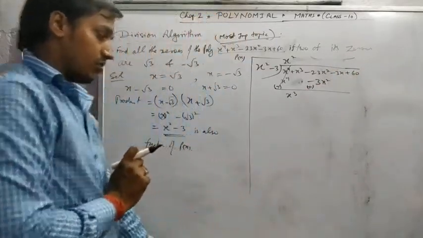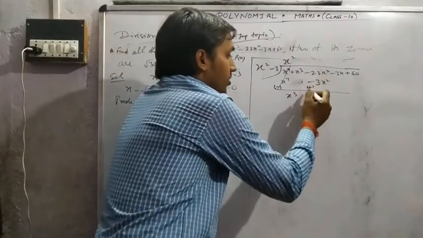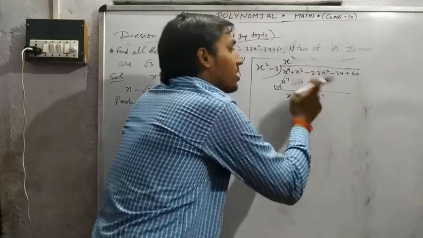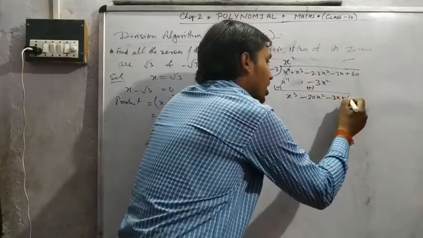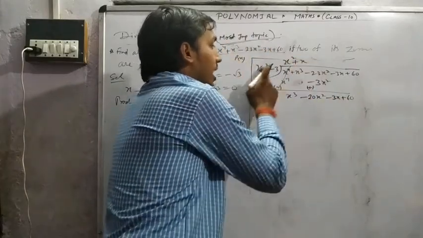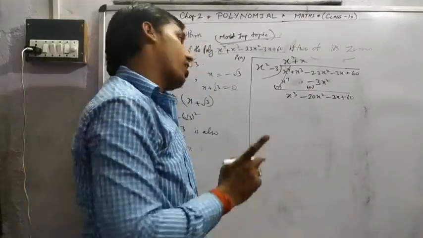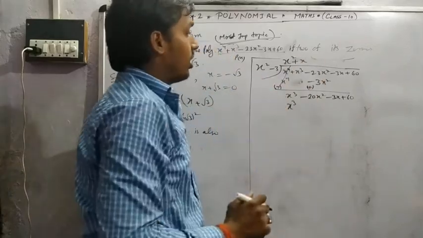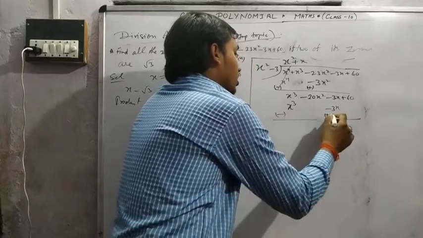x cube. The products you get, whose sign is changed. Here minus 20x square, because minus 23 plus 3. Minus 20x square minus 3x plus 60. Then plus x times because we want x cube. So x into x square is x cube, x into minus 3 is minus 3x, change the sign, cancel both.